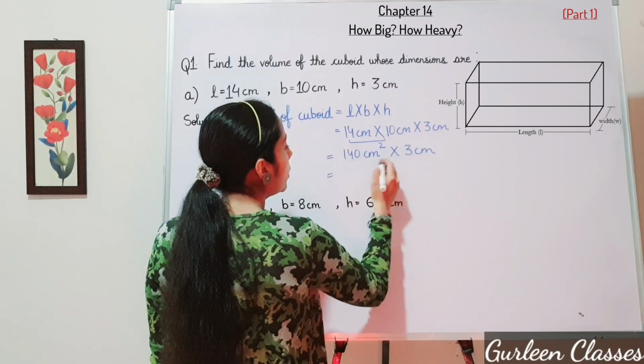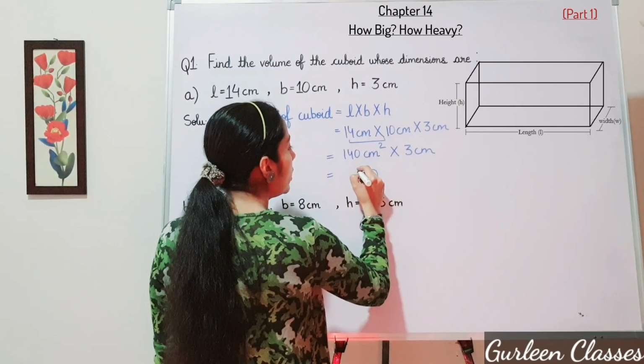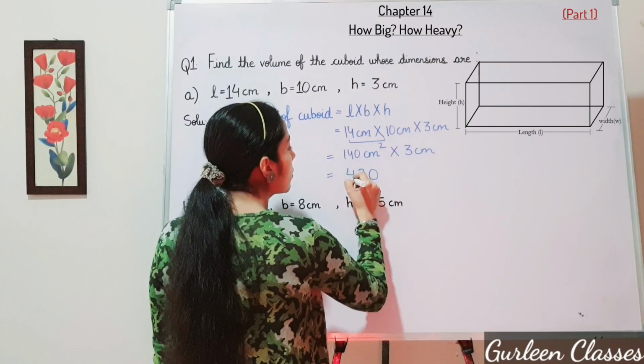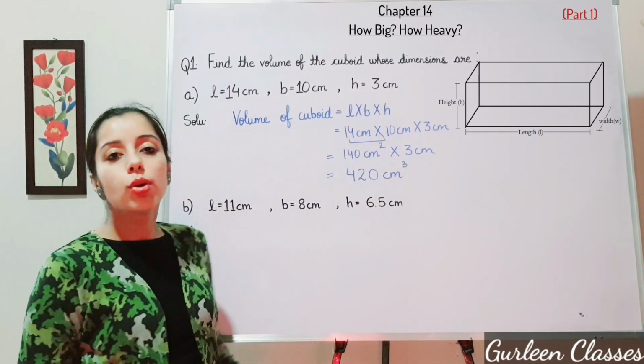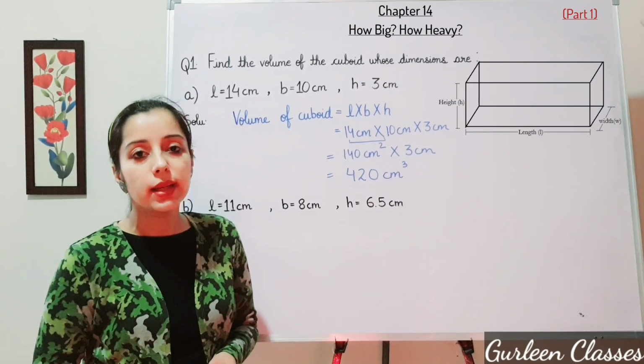So 140 into 3: 3 zeros are 0, 3 fours are 12, 3 ones are 3 plus 1, 420 centimeter cube. So volume of cuboid is equal to 420 centimeter cube.